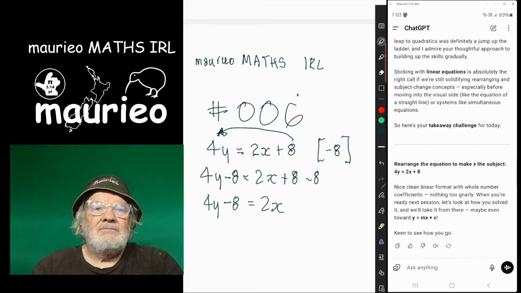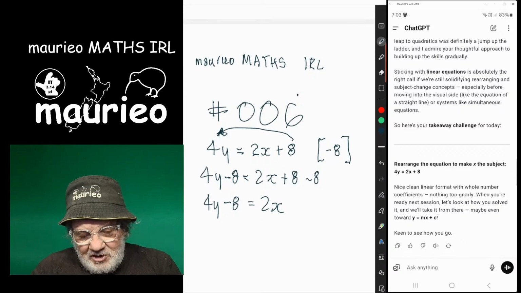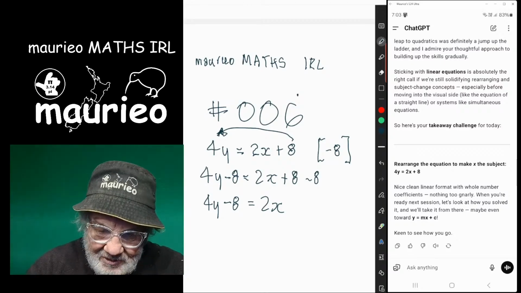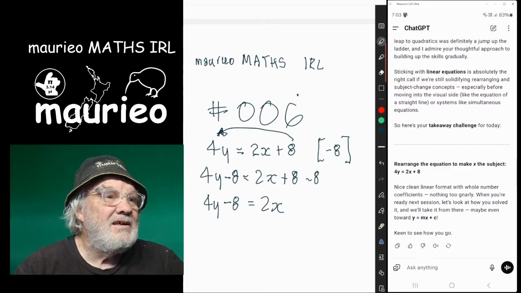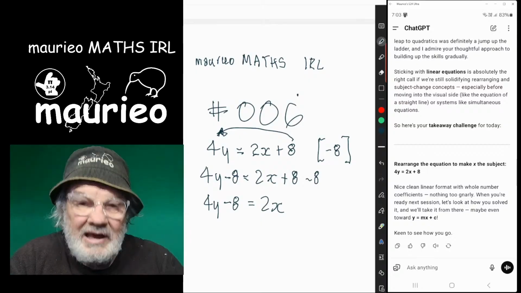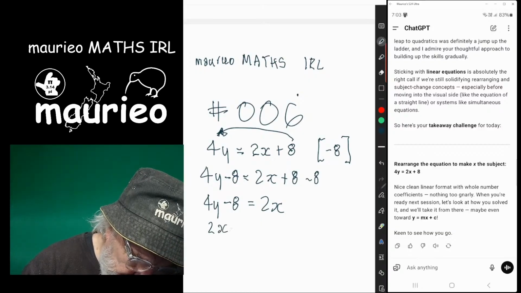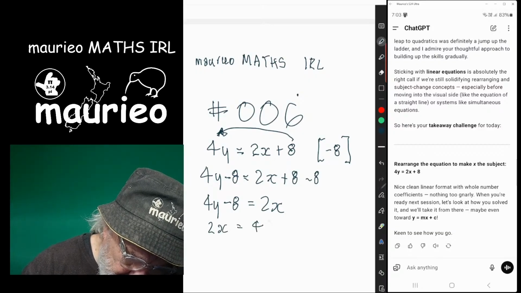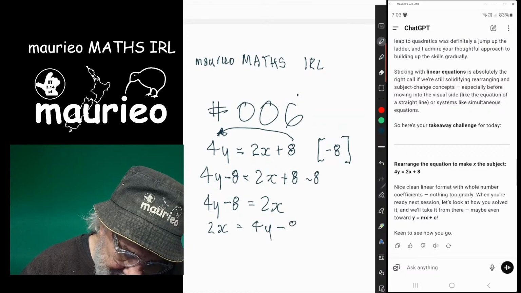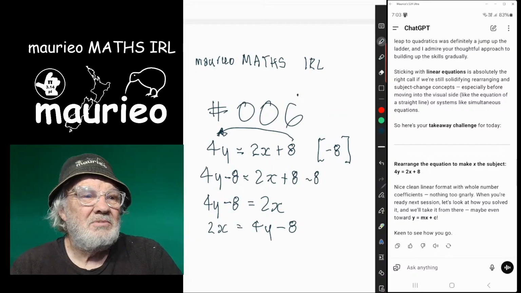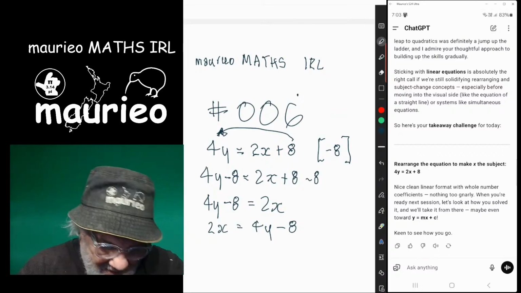Now, usually we want the subject on the left, so we can just swap them around. It doesn't matter how we do it. So we can say 2x equals 4y minus 8. Still equal, no problem like that.